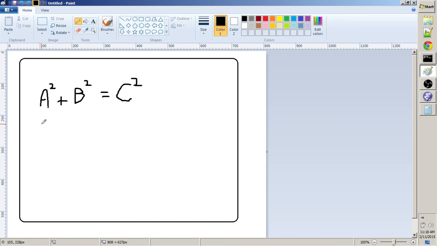So we're using the fact that one of the legs squared is equal to the hypotenuse squared minus another leg squared. That's a nice looking math equation, right? Okay, so we're using this.